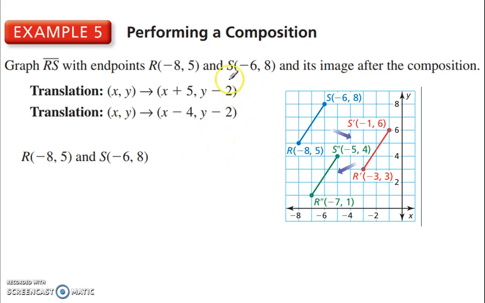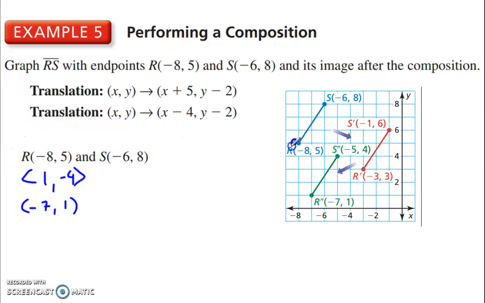Alright, so now if you perform the composition doing one translation and then the second, you would do it twice and you'd end up here. However, if we do that in one, as we said, this adds up to 1 and this to -4. -8 plus 1 is -7. 5 minus 4 is 1.